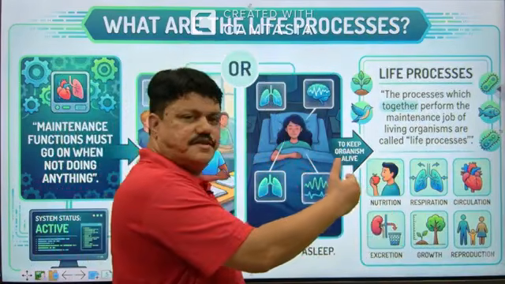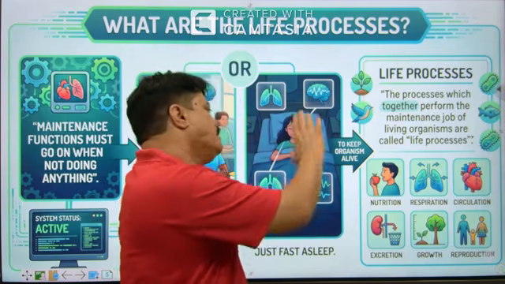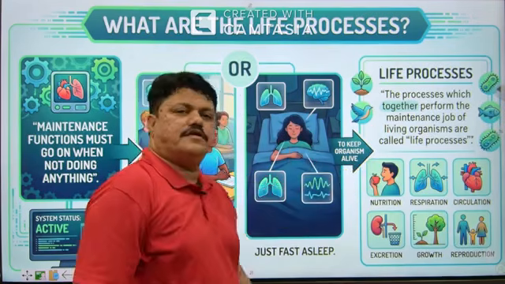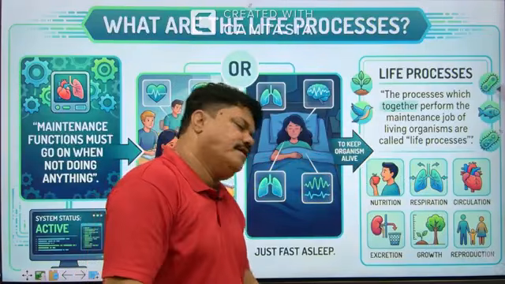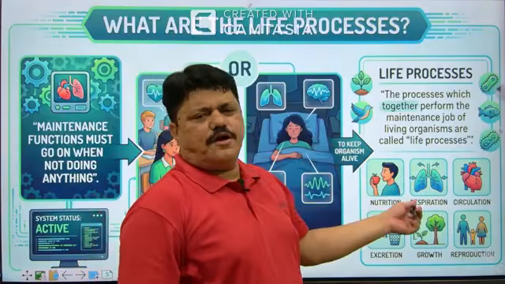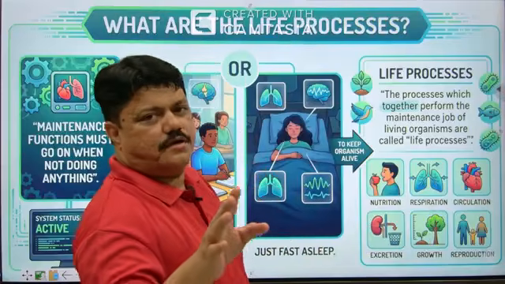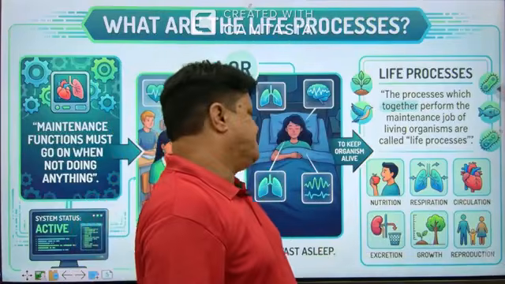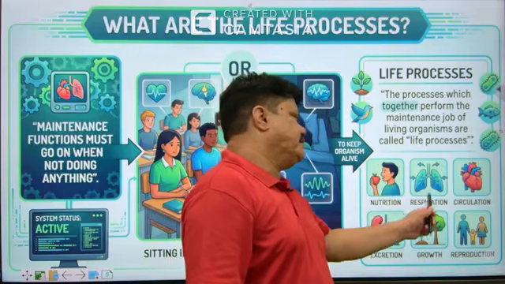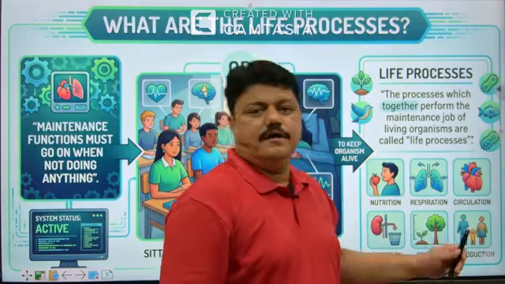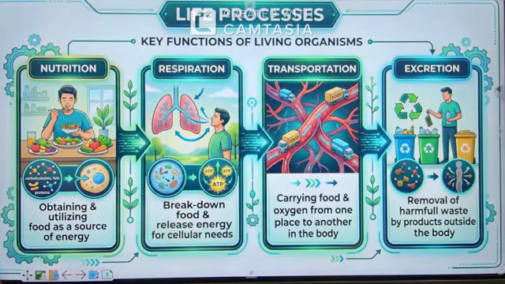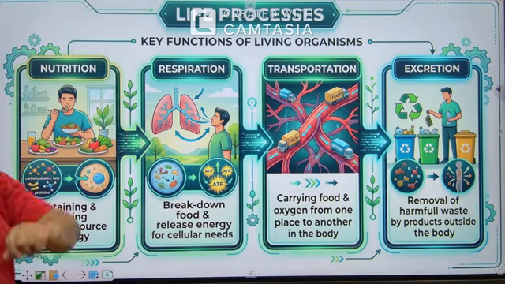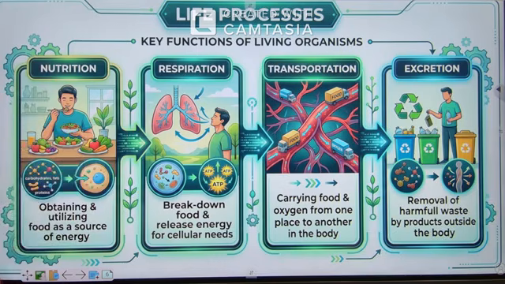There are a number of life processes, but as per your textbook, the main 4 processes described are nutrition, respiration, transportation and excretion.